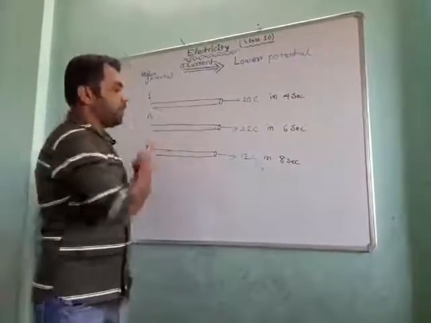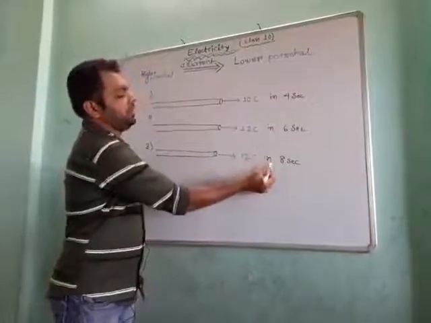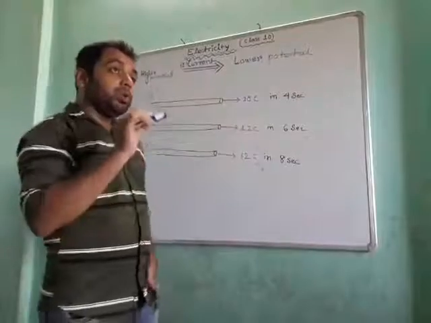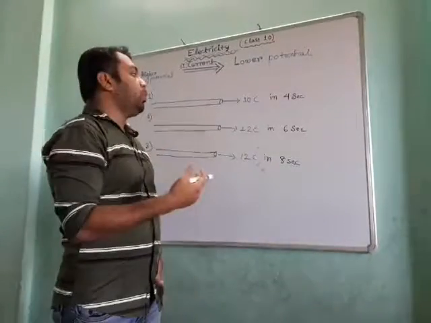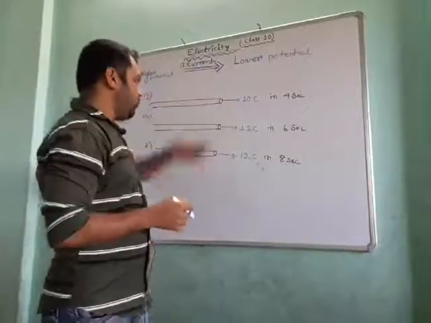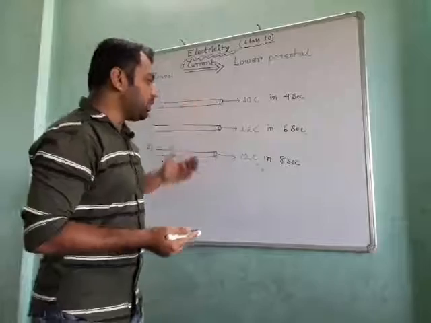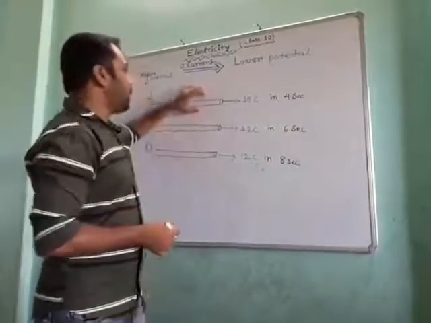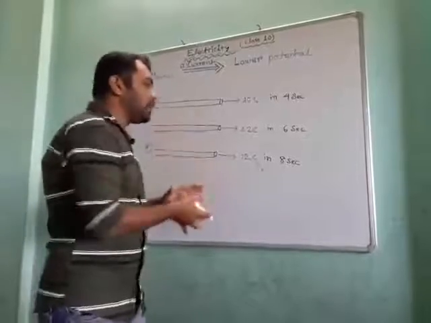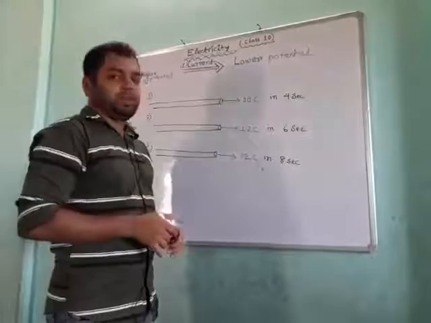And through the third wire, 12 coulomb charge is passed in 8 seconds. To know which wire is carrying the highest amount of current and which the lowest, we have to calculate it.